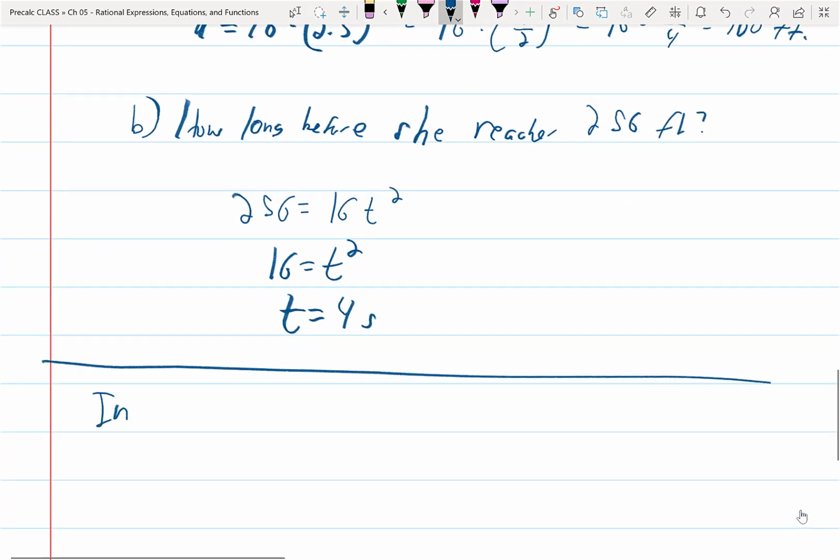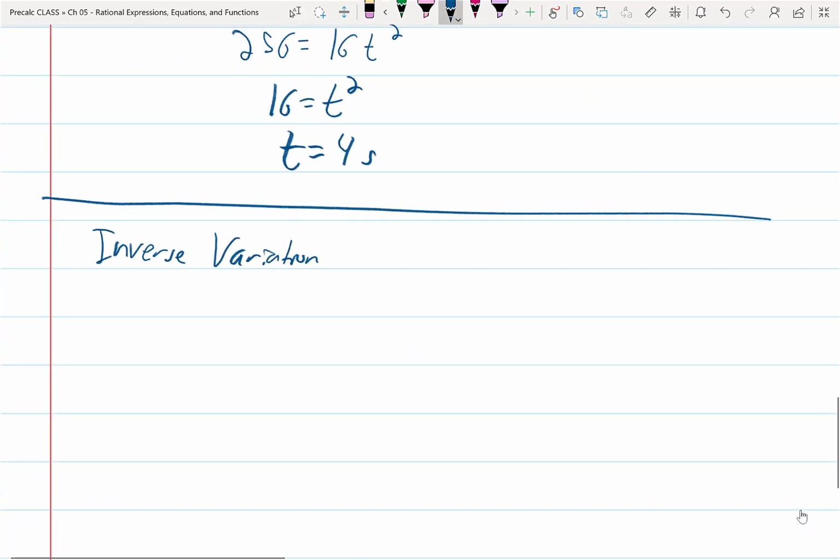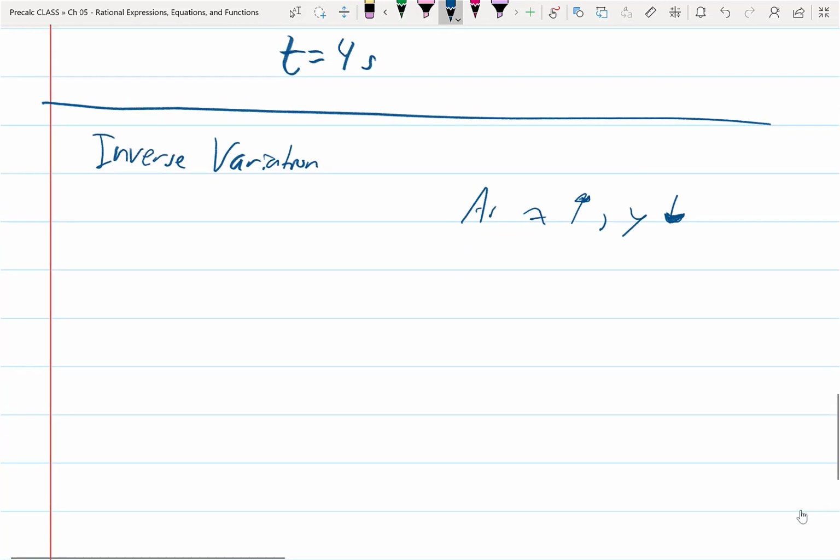We also have something called inverse variation. And in an inverse variation, as x goes up, y goes down. Things that we can say with inverse are things like y is inversely proportional to x.